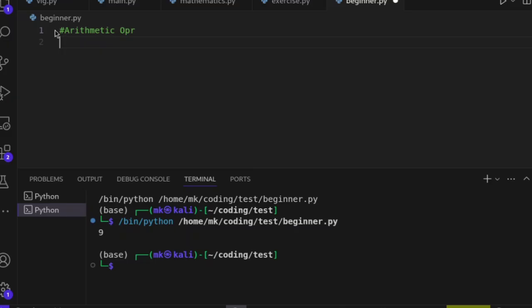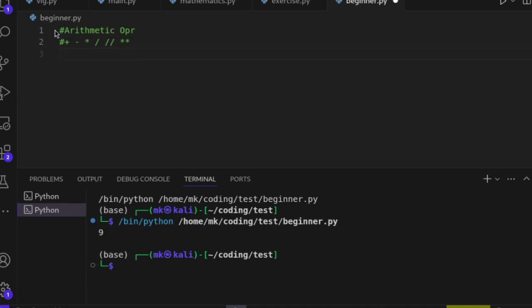We have plus, minus, times as an asterisk, then divide by, double division, which divides numbers without a decimal point, then a double asterisk, which means a square.